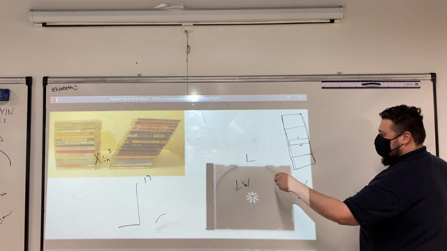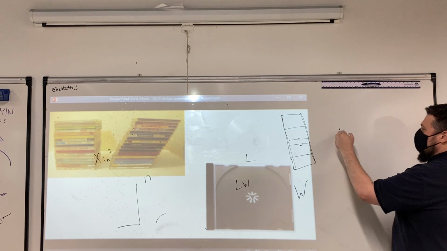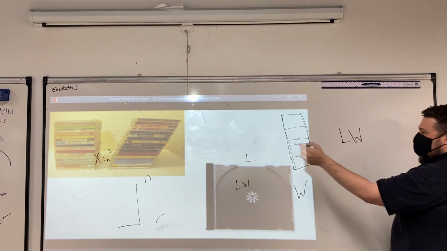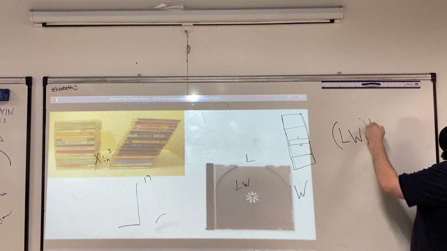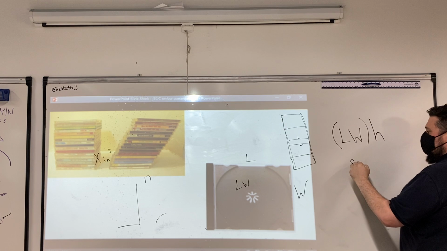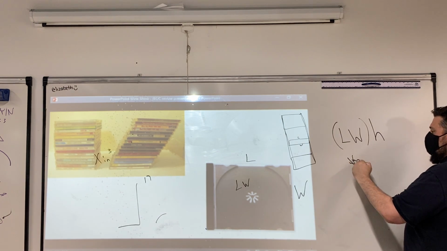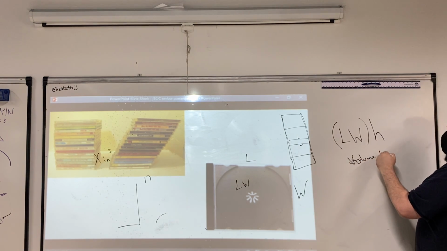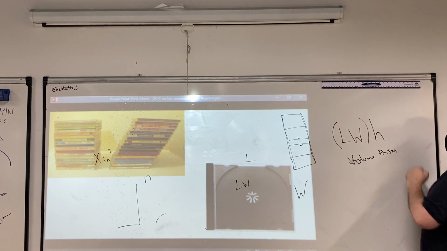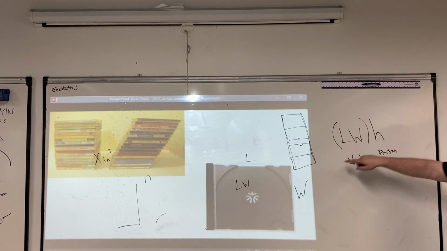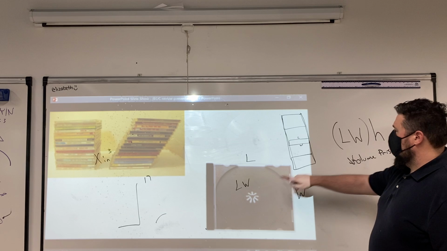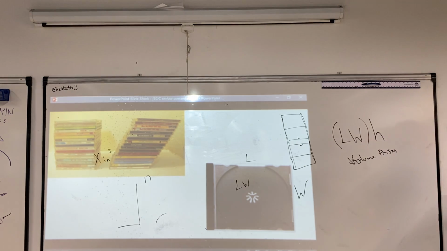I'm going to take the area of each CD and multiply it by how high it is to give me the volume of this prism. The area is length times width, times the height, will tell me the volume of that stack.